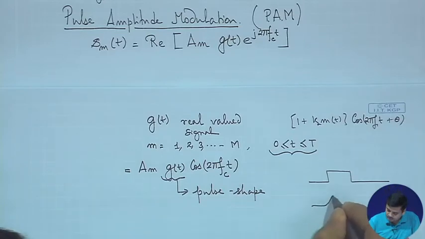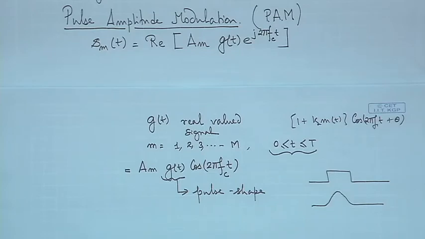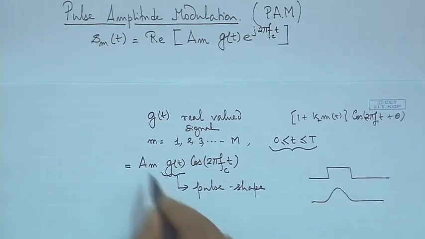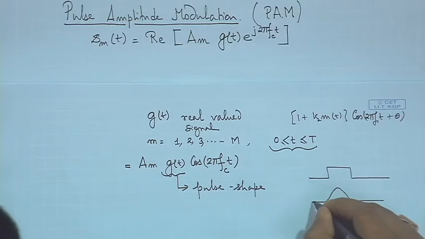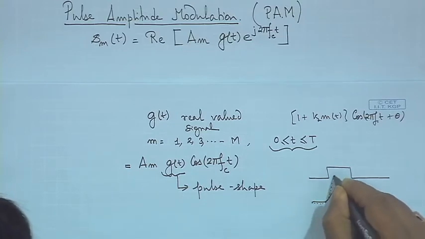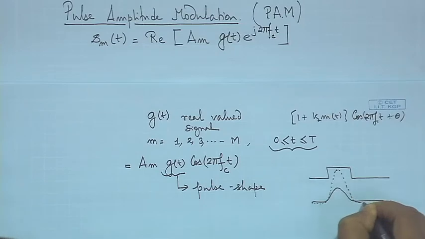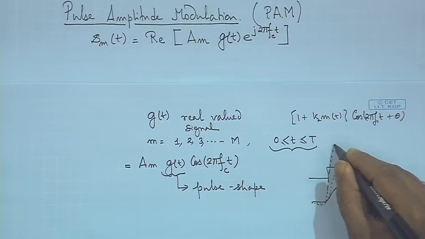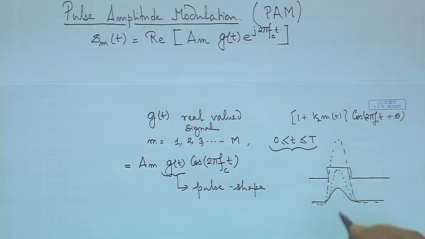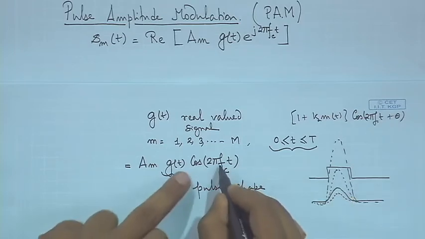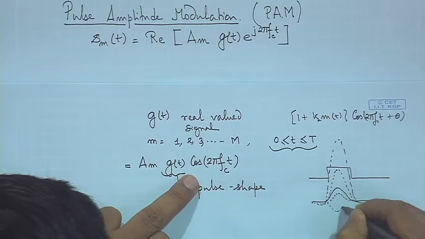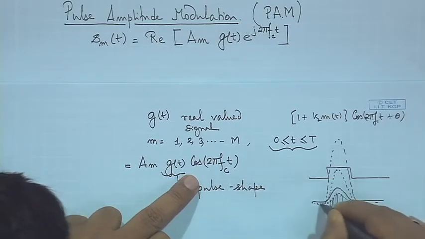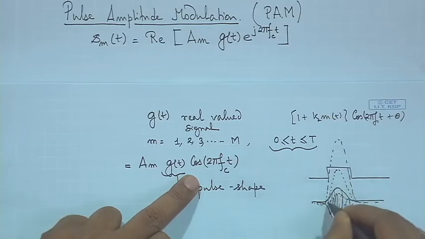This is a rectangular pulse. You could have a pulse which looks like this, and you are selecting an amplitude for it. So, you could have a pulse with this amplitude, or with this amplitude, or with this amplitude. And there is a carrier. When you modulate that, your signal would appear like this, or in this form, and so on.